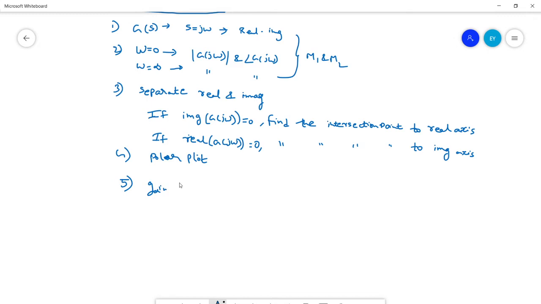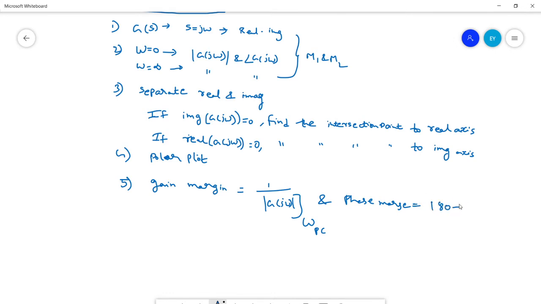Gain margin is equal to 1 by magnitude of G(jω) at the phase crossover frequency, and phase margin is equal to 180 plus phase at ω gc, that is the gain crossover frequency.